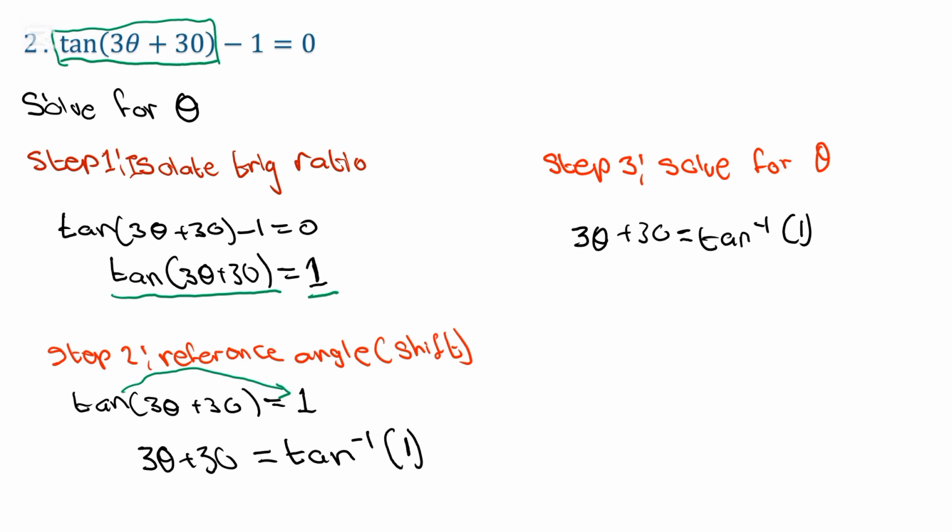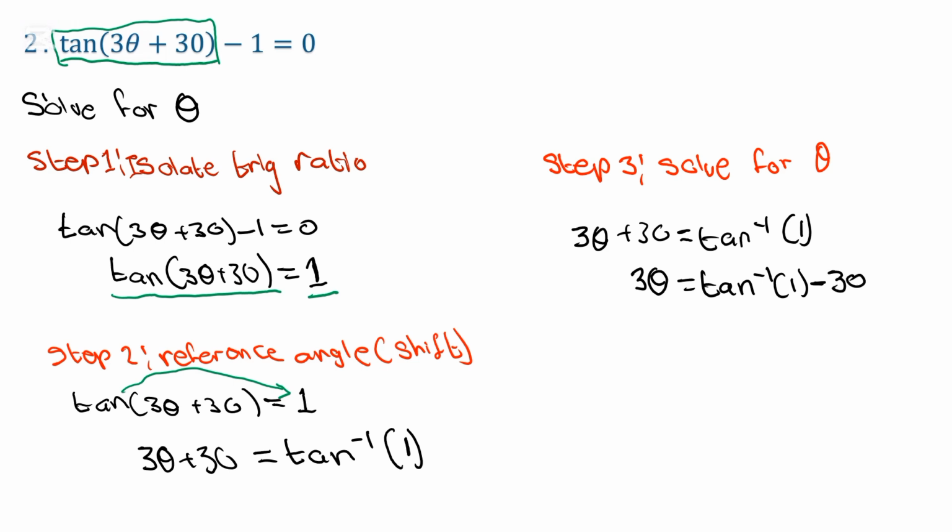So you must solve for theta. You must take plus 30 to the other side, and remember, when you take something to the other side, it changes its sign. So it was plus 30, now it's going to be minus 30.